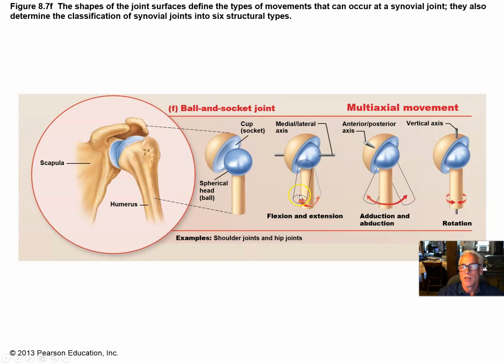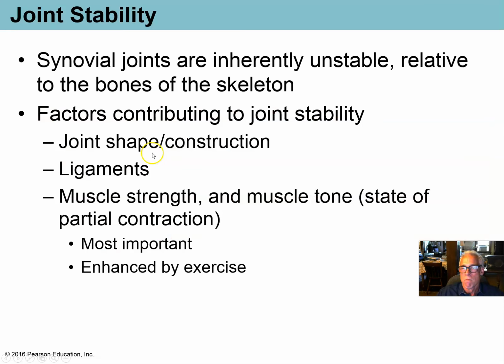There's really no limit to the number of axes through which the movement can occur, and we've also made this connection that the more range of movement a joint can produce, the less stable the joint is. So yes, indeed, this is a very unstable joint, as we'll discuss in just a bit. So that's called a ball and socket joint. This is the glenohumeral joint, the glenoid fossa or cavity, and the head of the humerus articulating in the shoulder.